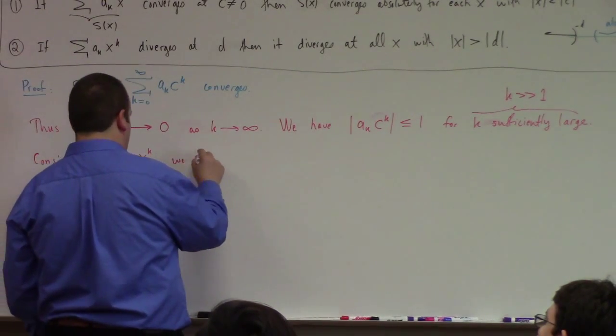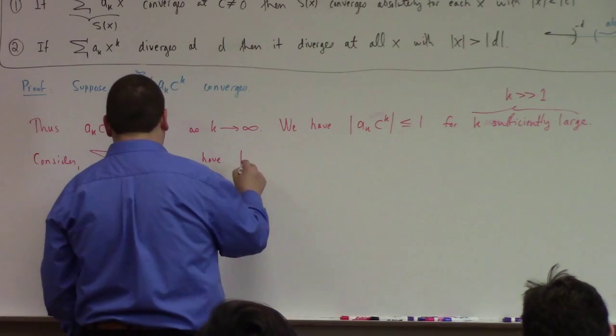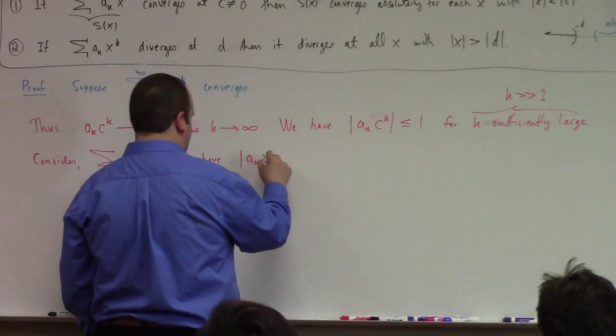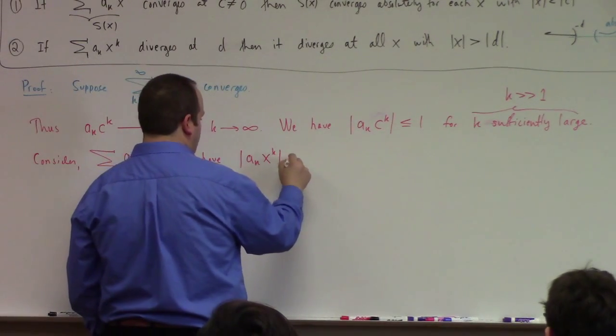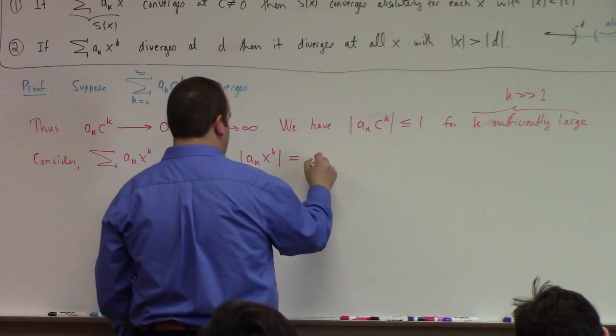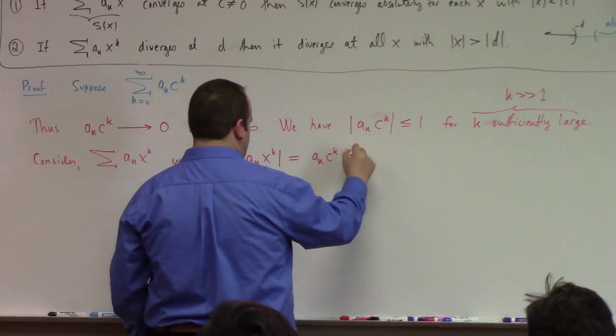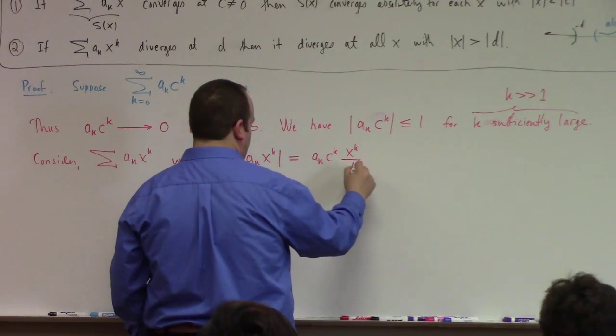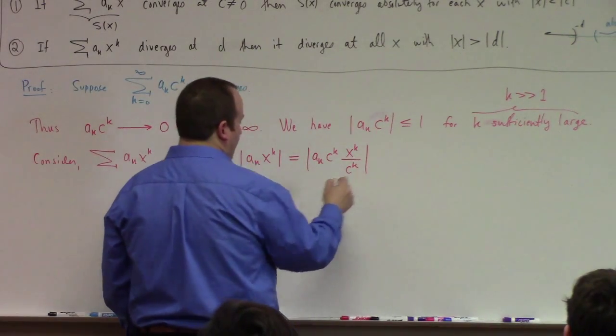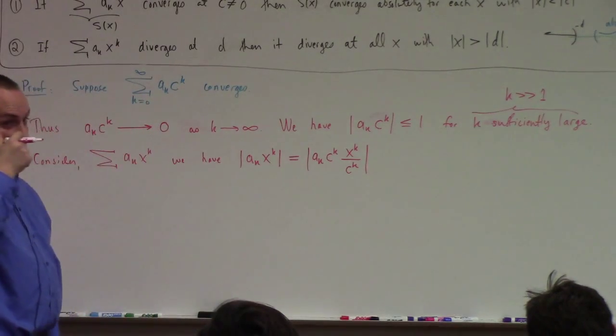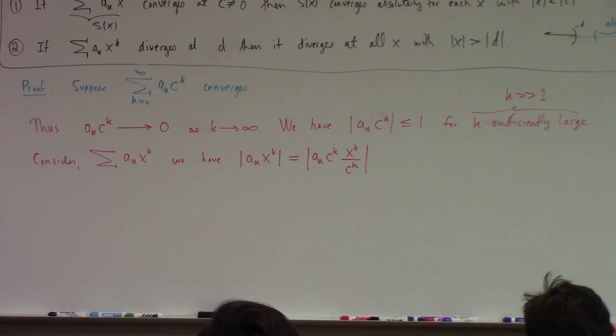We have the absolute value of a sub k x to the k, right, is equal to what? It's equal to a sub k c to the k times x to the k divided by c to the k, right? That's just an identity. I multiplied and divided by c to the k. Why are you going to do that?